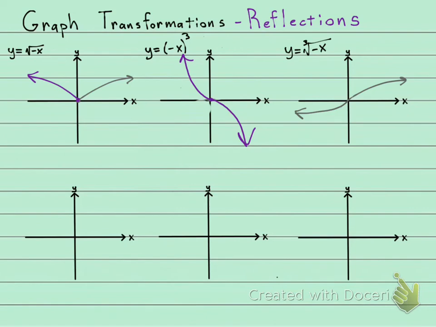But now all of the x values are now negative x values, and all of these are going to be mapped over here. So you see what our graph's going to look like now? It's reflecting across the y-axis.